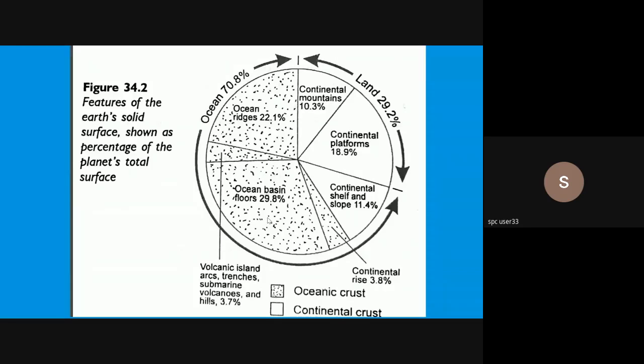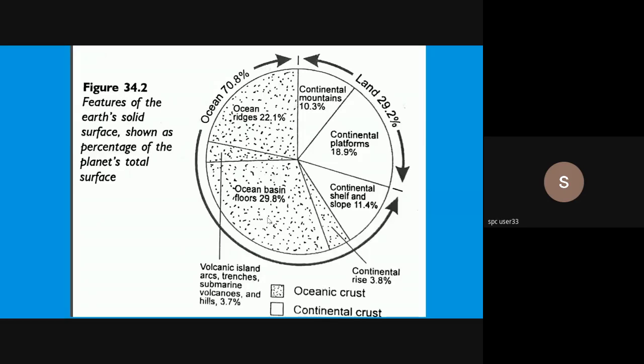If we total up ocean basins and ocean ridges, they come to around 52%. So half of it is that. We have to keep that in mind. Scales, I've already said, do keep a lot of importance as far as geography is concerned, rather than sheer numbers.